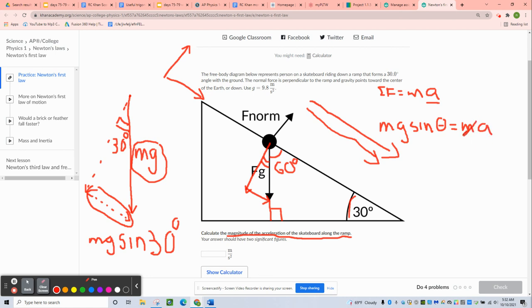Mass is on the right-hand side of the equation, mass is on the left-hand side of the equation, and the acceleration just becomes g multiplied by sine of theta. And like I said, sine of 30 degrees is a half. That means the acceleration is going to be half of 9.8, or 4.9.